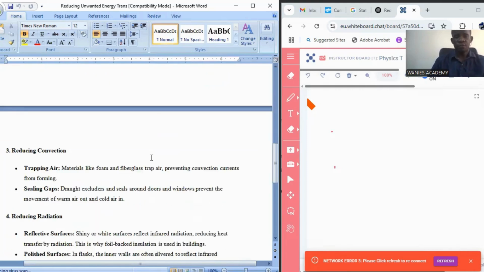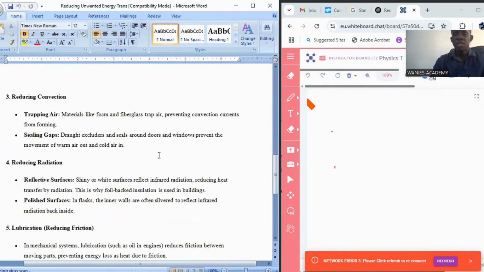Then number 4 is reducing radiation. That is another method of heat transfer. It can be reduced. How do we do this? Number 1, we use reflective surfaces. Shiny or white surfaces reflect radiation. And so because it reflects, it does not absorb.